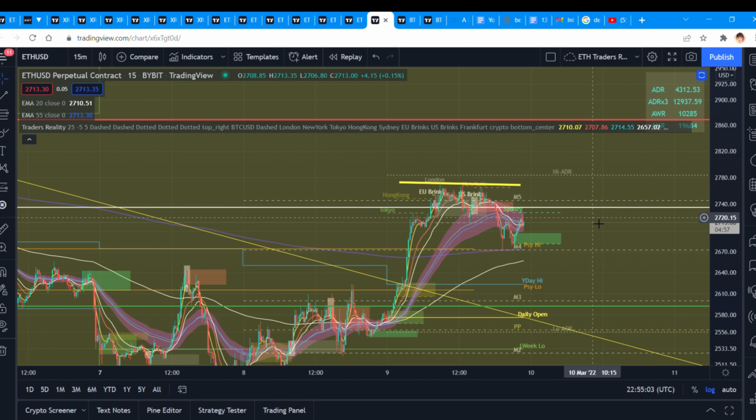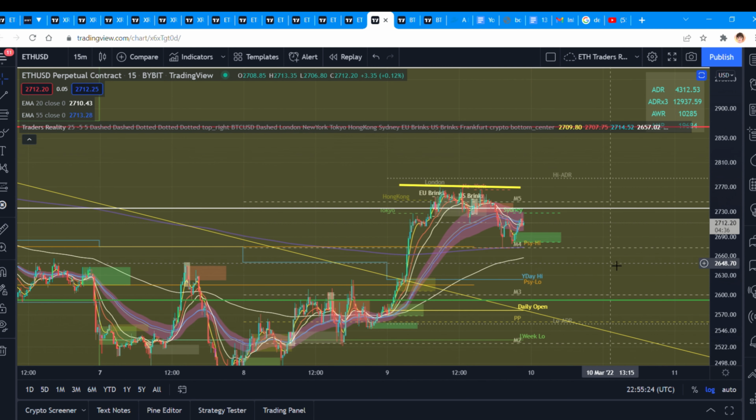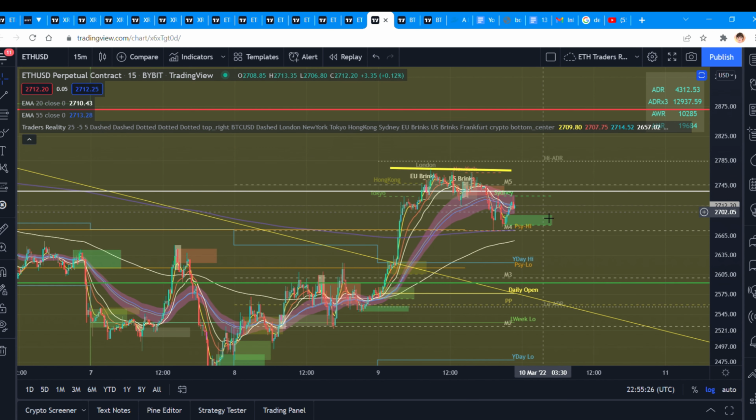There are traders that might trade between these levels, but I don't, because I do multi-day trades, and these levels change every 24 hours. They change at midnight. So at midnight, I will have to check to see where we are. For instance, if you watch on Traders Reality, Tino has a playlist where he describes how to use this system.